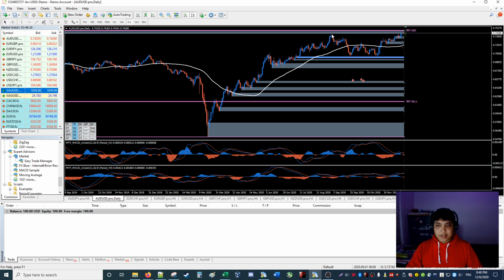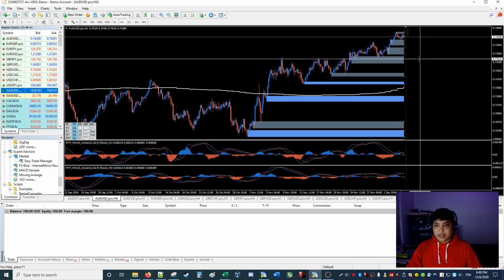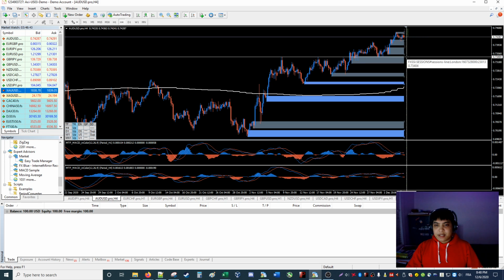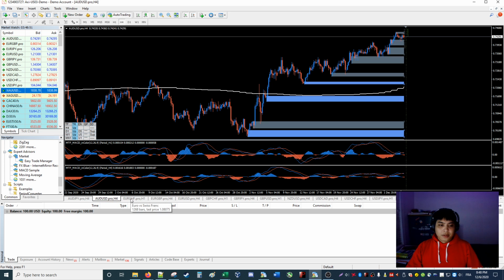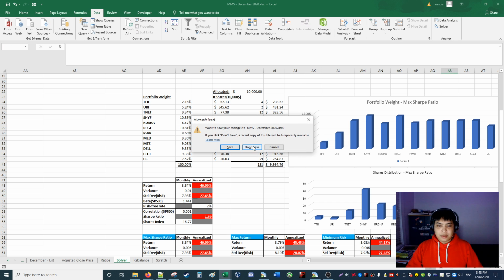So let's wait until it breaks a certain level before taking it. Ideally, what I would look for is that it breaks this level around here. If it can break this level around here, I think there's a good chance we can go all the way here, here or here. So we'll wait. I'm gonna close this one.